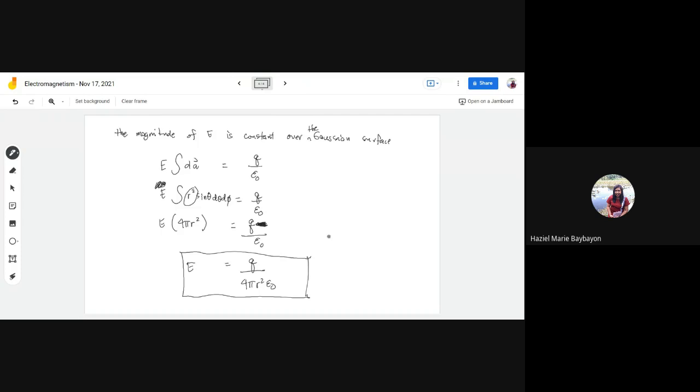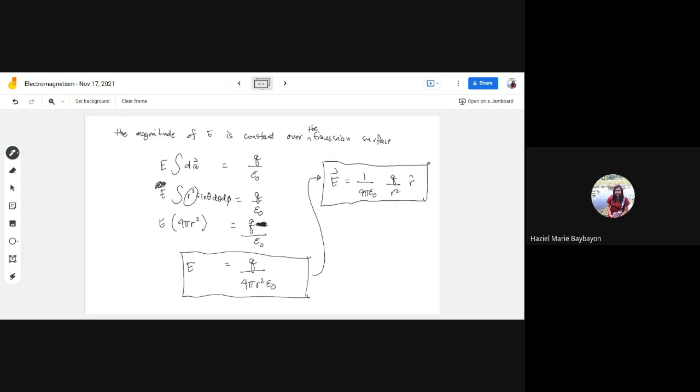Or we can rewrite this. So the electric field vector is equal to 1 over 4 pi epsilon naught Q over R squared, and it is radial. So it is directed radially outward.